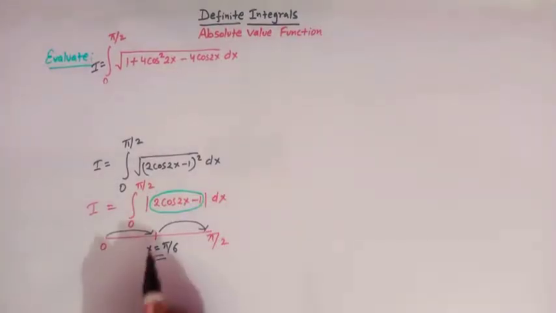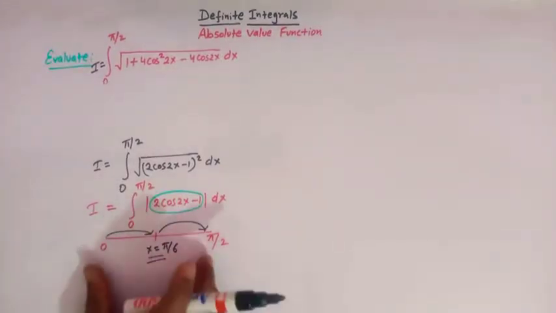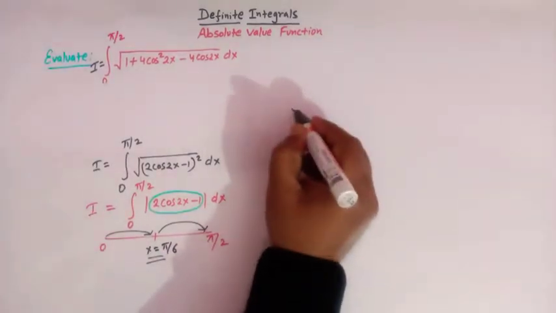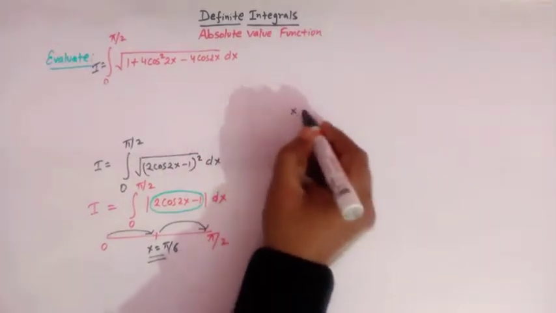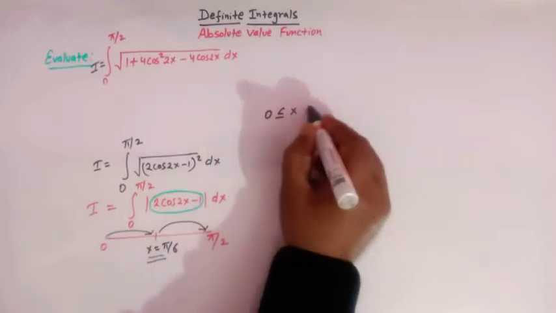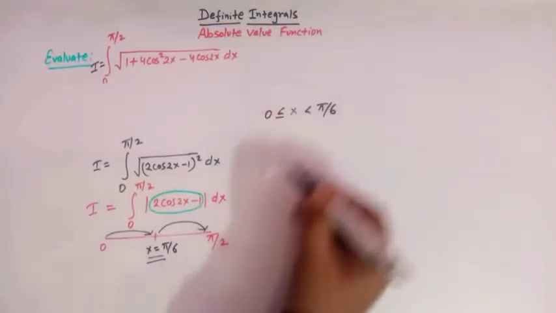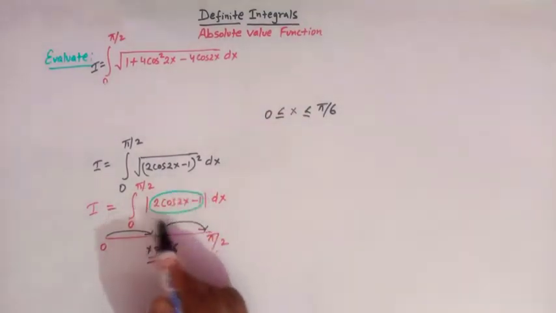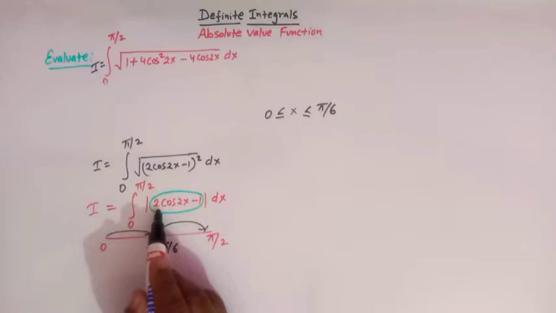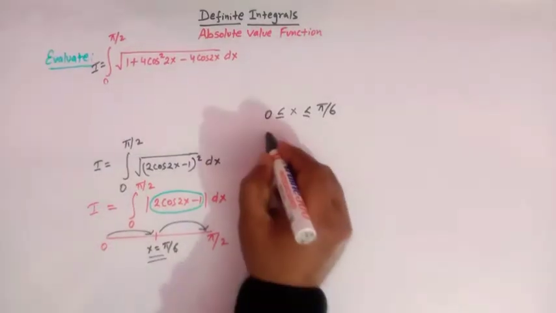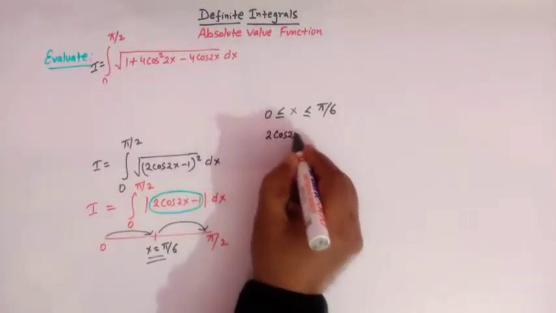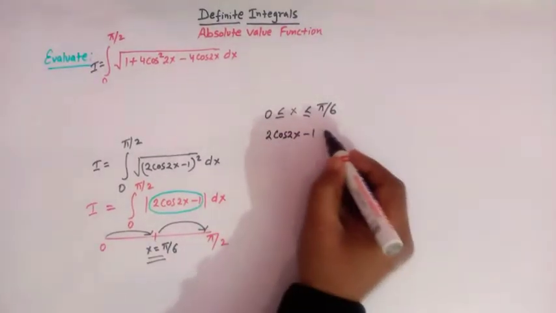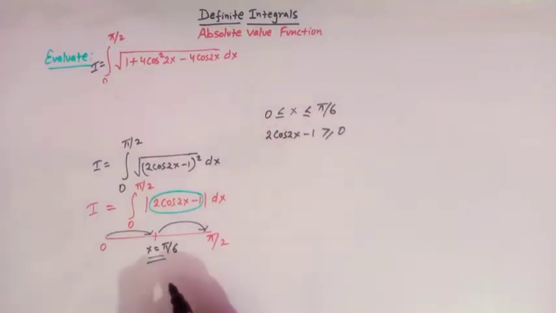Now viewers, from this result we can see that whenever x lies between 0 and pi by 6, the value of the expression 2 cos 2x minus 1 is always greater than or equal to 0.